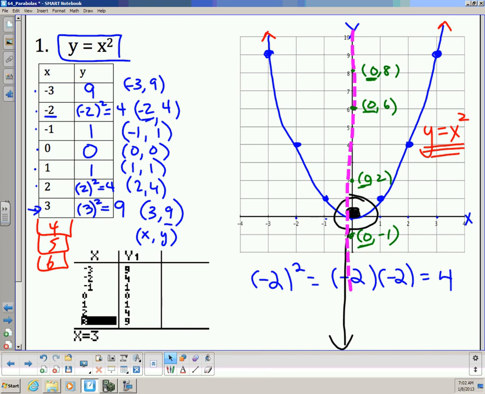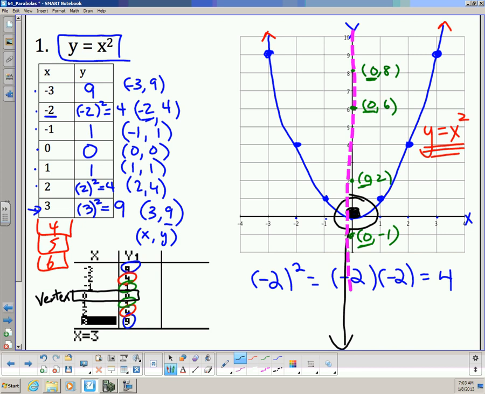I have the same number, then the same number again, and then I have the vertex. So when we graph a parabola, we're looking for this pattern in our calculators.